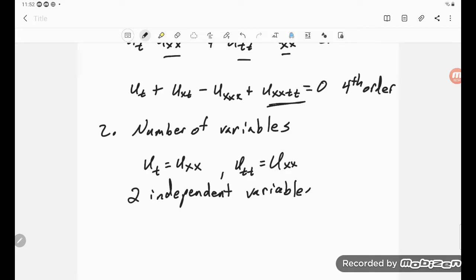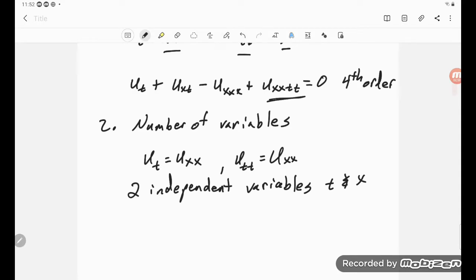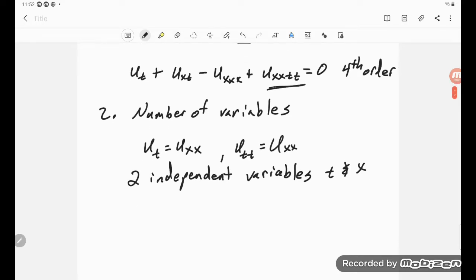Those are t and x. And again, typically for these t is time and x is space. This will become more clear as we look at the modeling aspect of these, but right now we're just looking at the vocabulary.